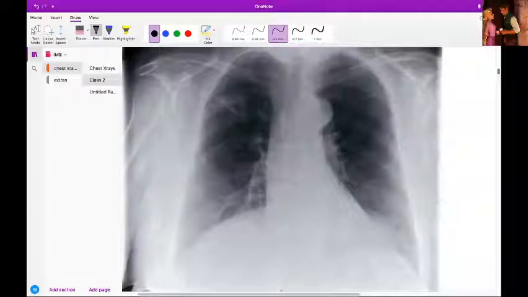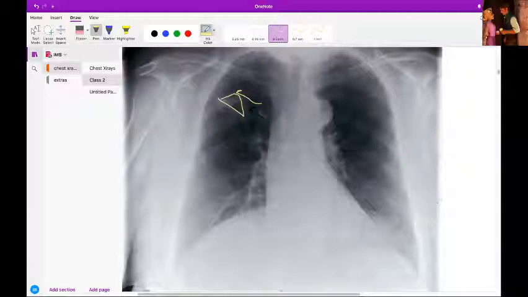Anyways, which is the only area you guys did not say till now? The lesion is over here. This is the lesion. Let me take yellow. This thing is the lesion in the right upper lobe.